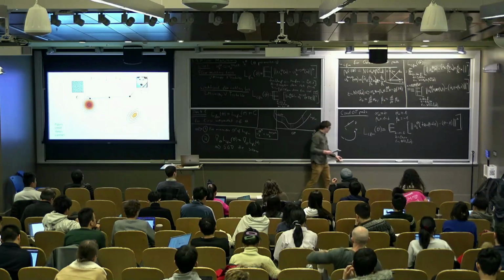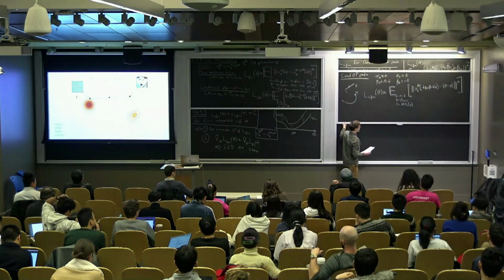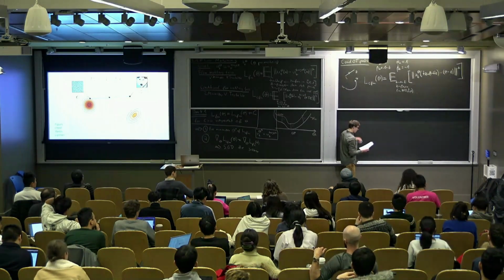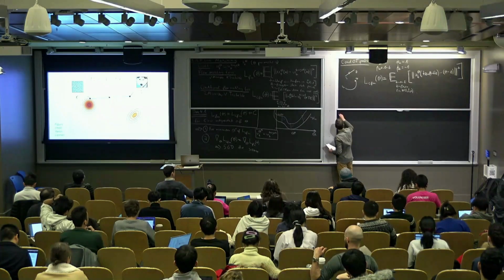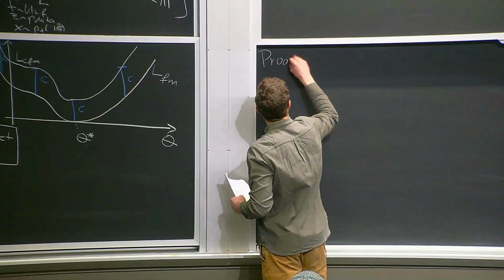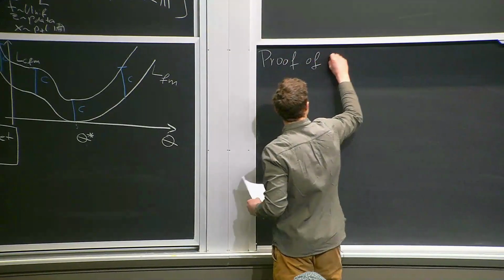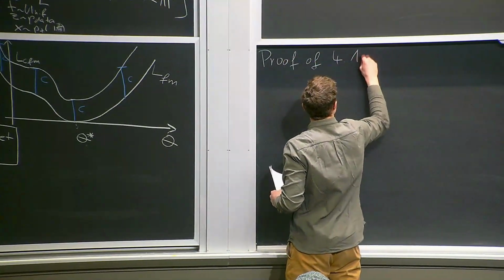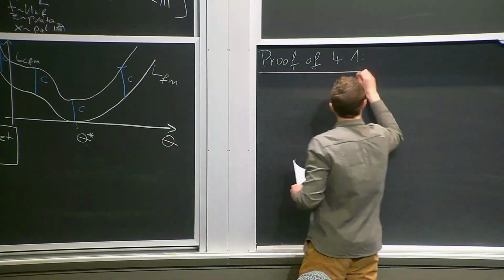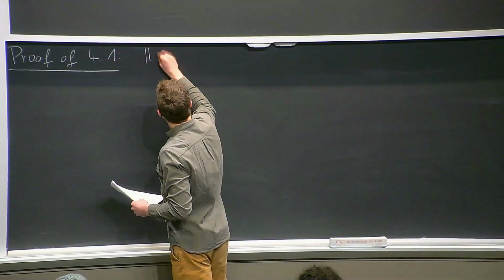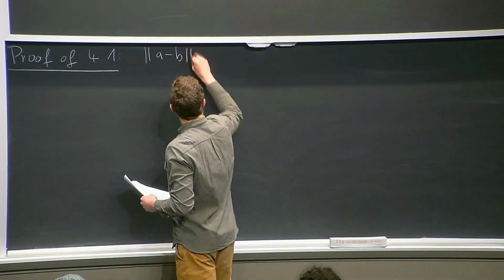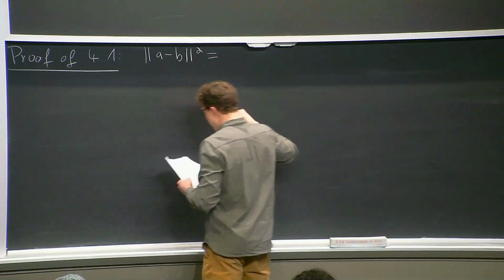Okay, good. I wanted to quickly sketch the proof of theorem 4.1, just because it's important. But you don't have to know this. Essentially, what we're doing here, we're using this formula twice.